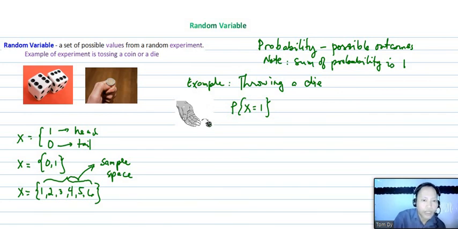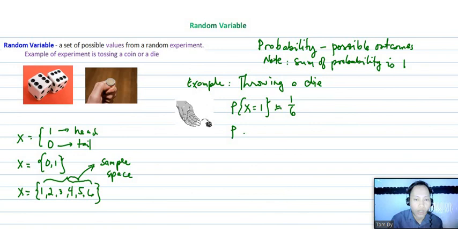Since this is a die, there are 6 numbers, 1 2 3 4 5 6, which we call our sample space. So when we write the probability when x is equal to 1, how many number 1 do we have here? We only have 1 out of 6 numbers. So the probability when x is equal to 1 is equivalent to 1 over 6.